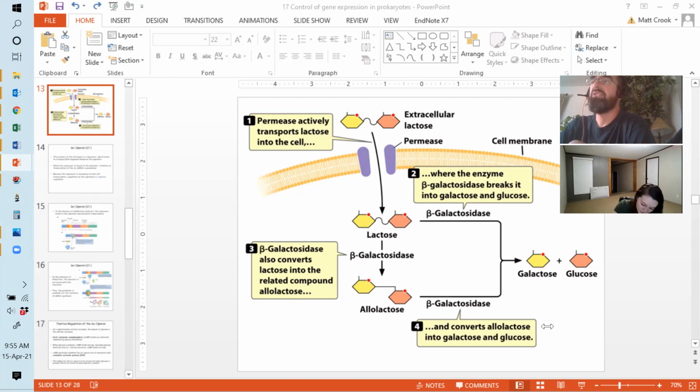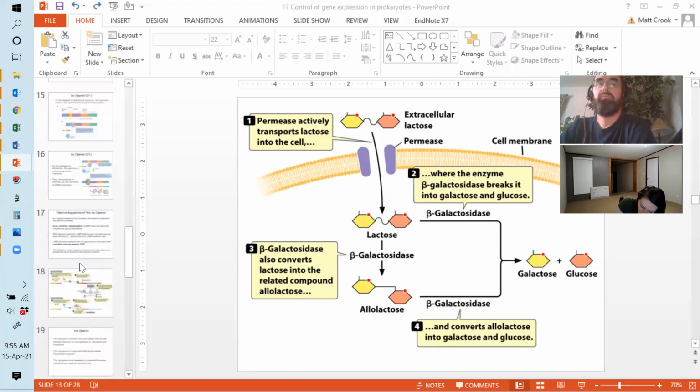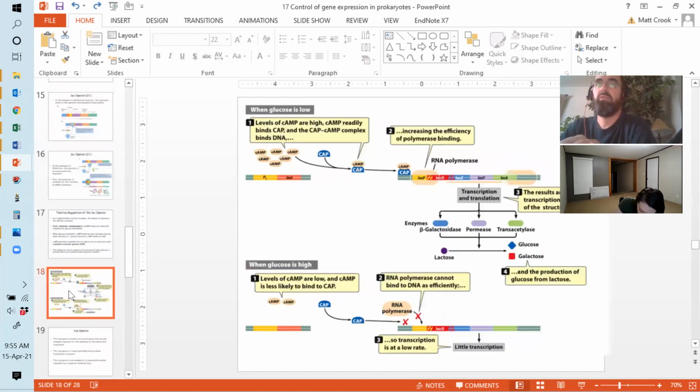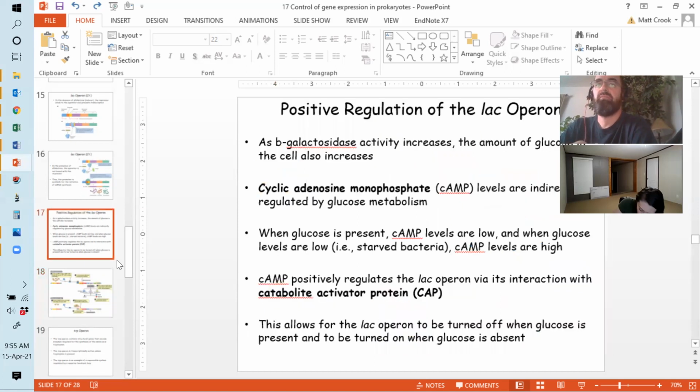And so how do we interpret cyclic AMP levels, right? How do we turn cyclic AMP levels into transcriptional output? What bacteria use is another protein called catabolite activator protein, or CAP.